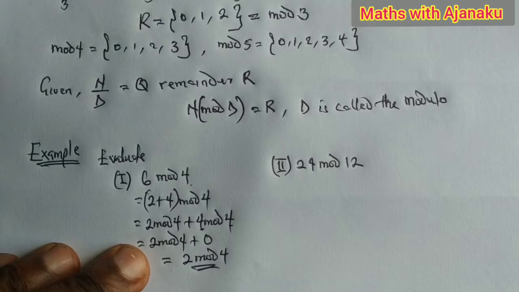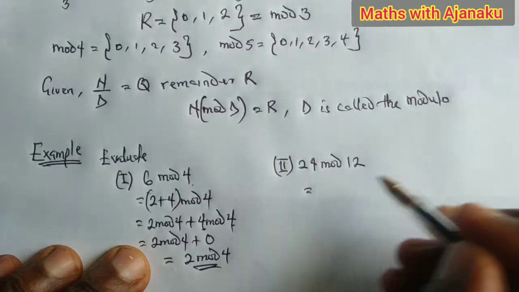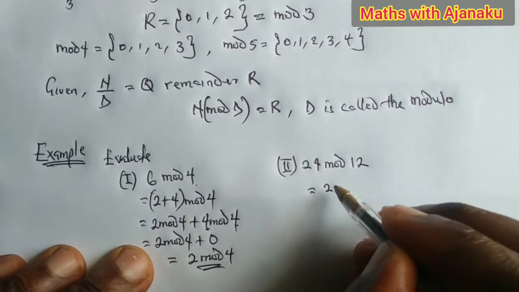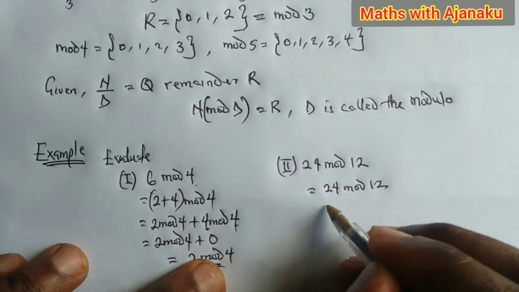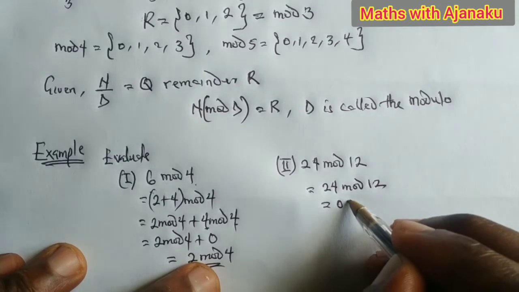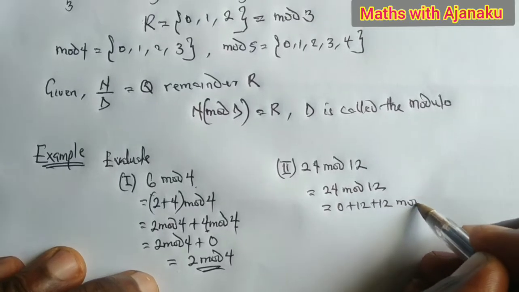In the case of 24 modulo 12, of course, extract the maximum 12 we can get from it. So 24 modulo 12 can be written as 0 plus 12 plus 12 modulo 12.